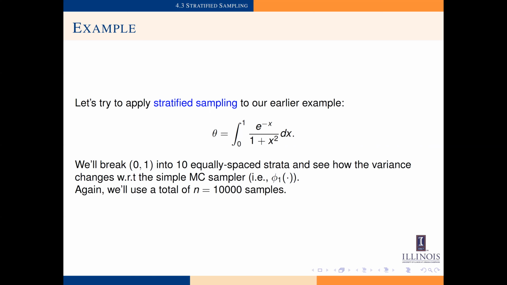So we will break the interval from 0 to 1 into 10 equally spaced strata and see how the variance of our theta hat will change with respect to the simple Monte Carlo sampler. That was our phi1. Again, we will use a total of n equals 10,000 samples for both the simple Monte Carlo sampler and the stratified sampling estimator.